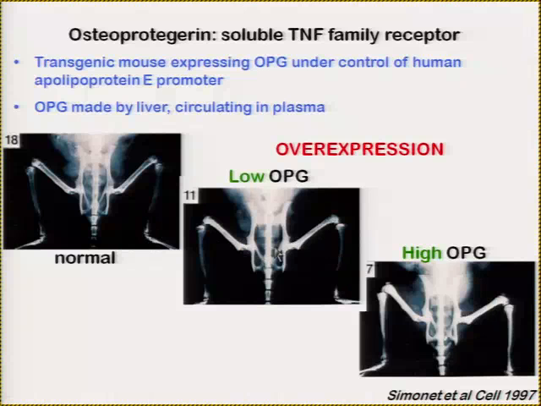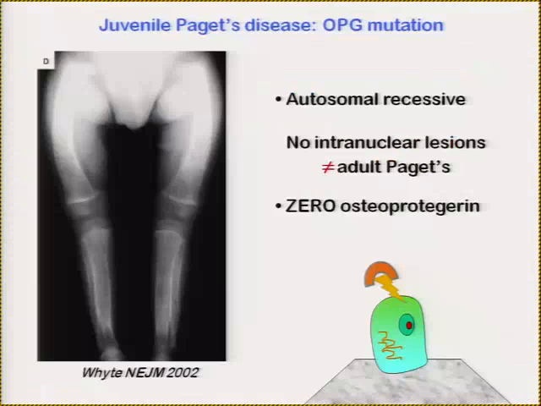It's more dense. And if you pick a transgenic with a very high level of OPG expression, you can see the bones are actually osteopetrotic. They've totally ablated the marrow, because there are no osteoclasts, or fewer osteoclasts, to maintain the marrow and keep bone remodeling going in the right way.